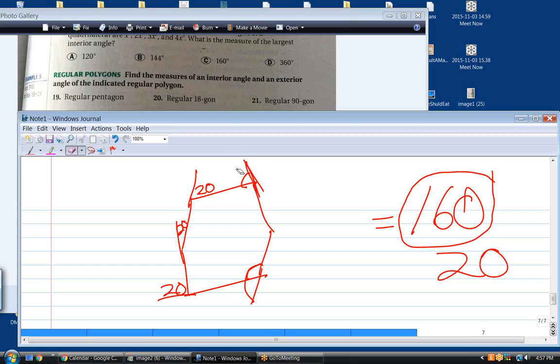How you construct it, I started here and extend. And now I know what all my exterior angles are, that one, and so forth. They didn't each come out to be 20 because I didn't draw a regular 18-gon.